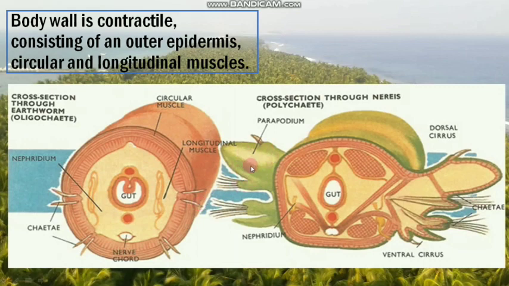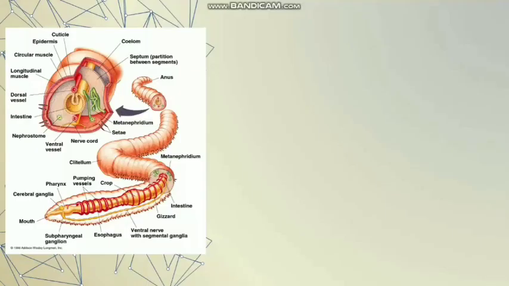The parapodium and setae, you can see in this particular figure, are unsegmented or unjointed. Normally, the term chaetae is also used for the setae. But in our case, we generally use setae for the earthworm and chaetae for the bristle-like structure in case of the parapodium. So let us move to the next character.